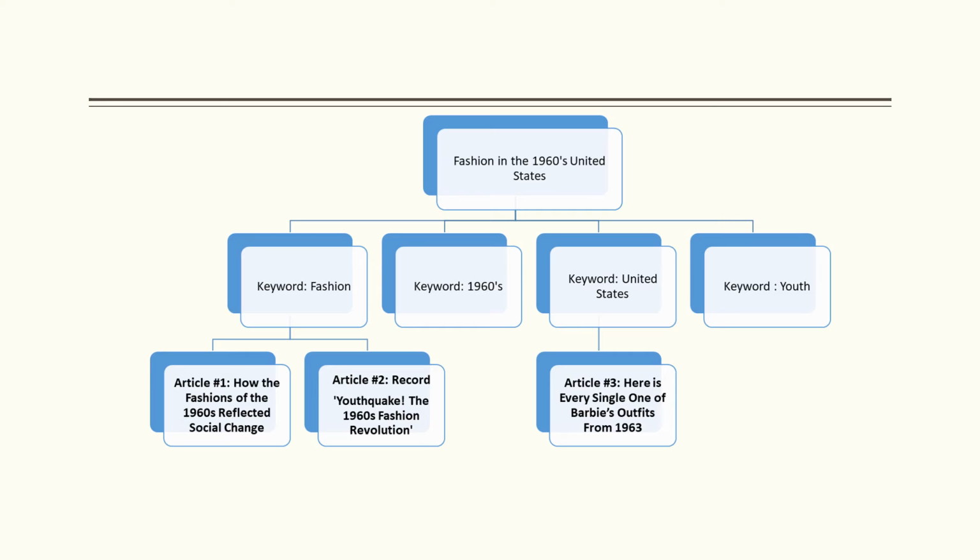Fashion in the 1960s, United States. My keywords are fashion, 1960s, United States, and youth, because one of my articles dealt with Barbie outfits from 1963, and also Article 2, Youthquake: The 1960s Fashion Revolution, and the article we looked at earlier, How the Fashion of the 1960s Reflected Social Change.